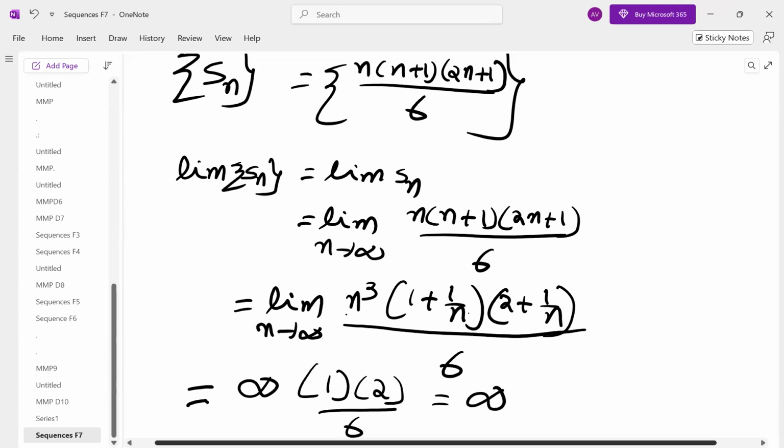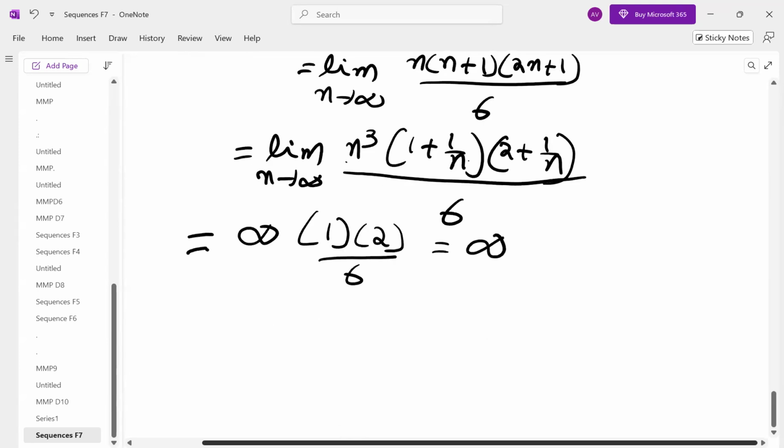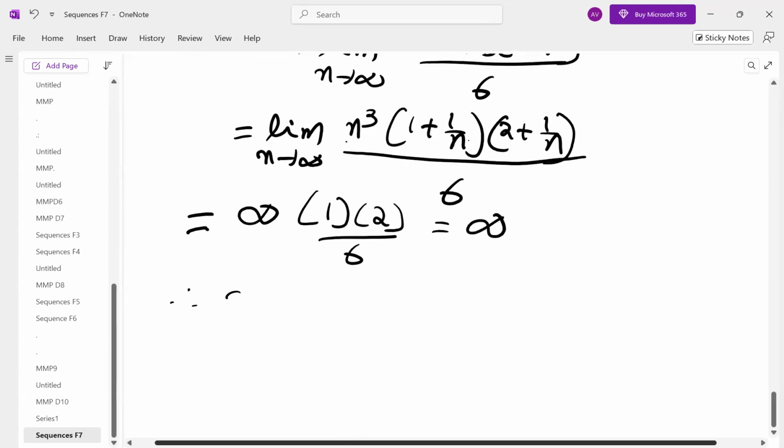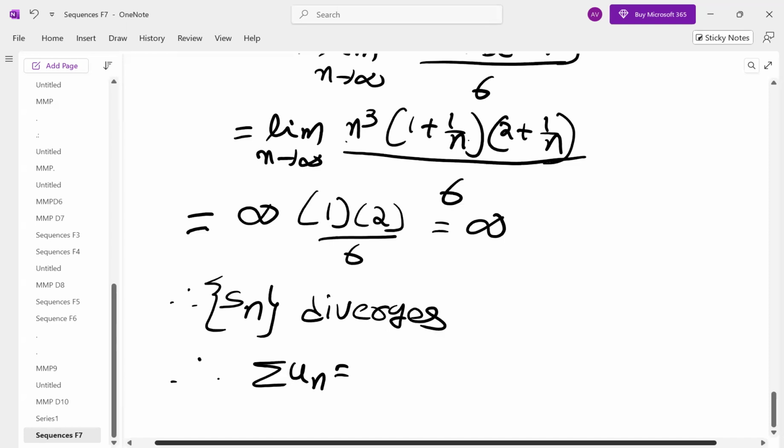So this is not finite. Therefore, the sequence Sn diverges. Therefore, the series Un, which is 1 plus 4 plus 9 plus and so on, also diverges.